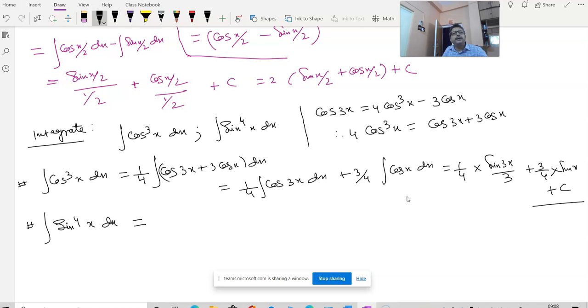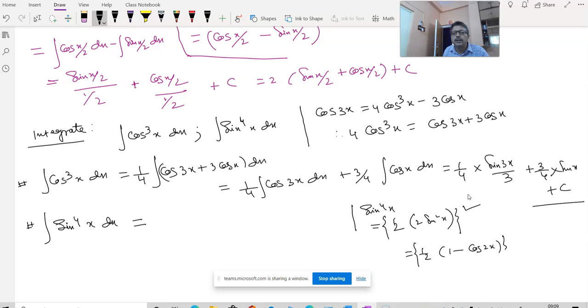So for sin to the power 4x, I am going to apply this thing, that sin to the power 4x you write half into 2 sin square x whole square. So this is nothing but half into 1 minus cos 2x whole square. Just simplify it.